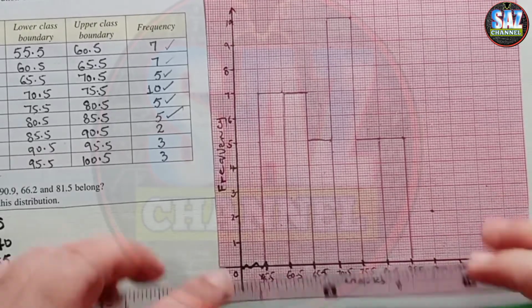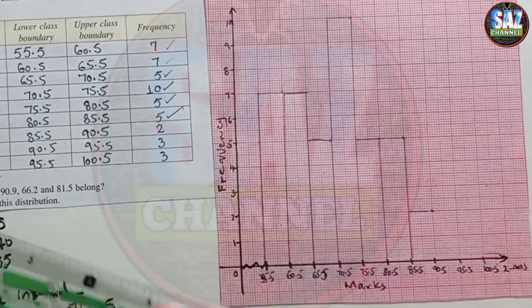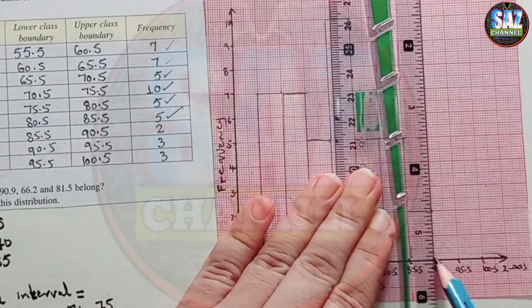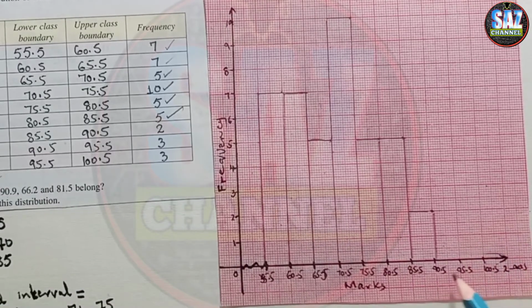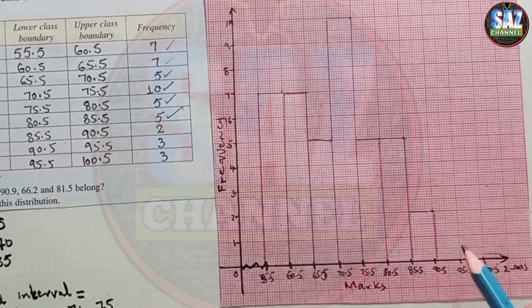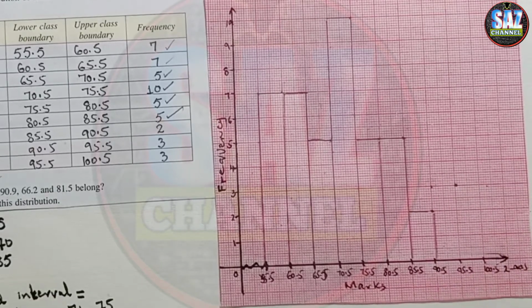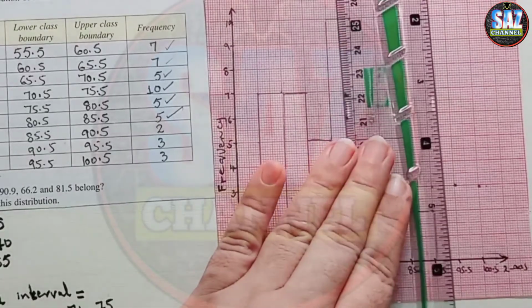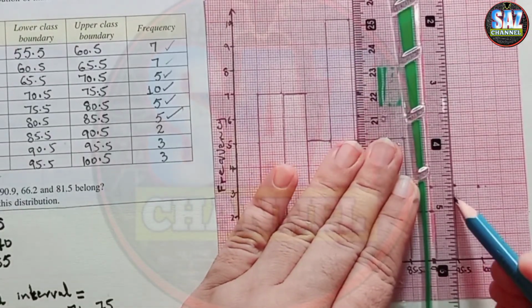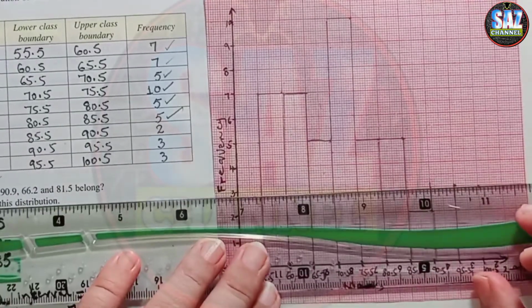So let me mark the point here, and then quickly complete the rectangle at this place, 2. And then for 90.5 to 95.5, the frequency is 3. And for 100.5 as well, the frequency is 3. So let me complete these last two rectangles. Look what a beautiful diagram we are getting.